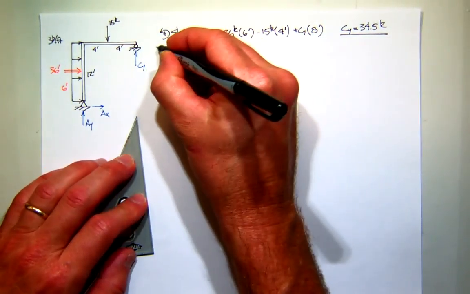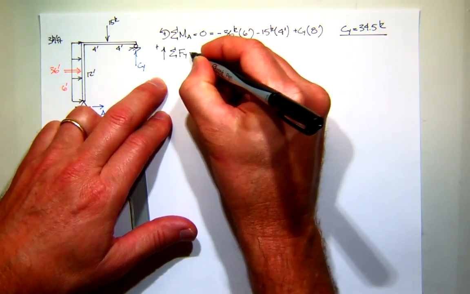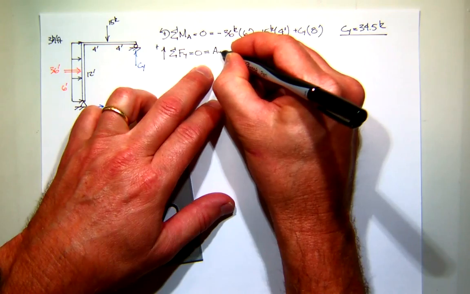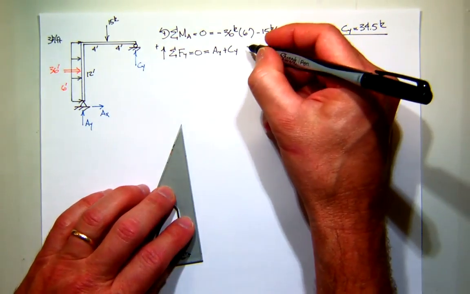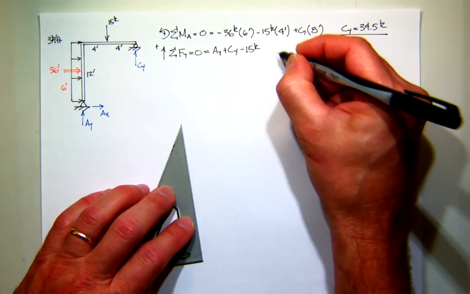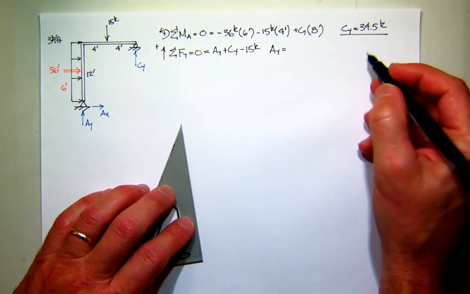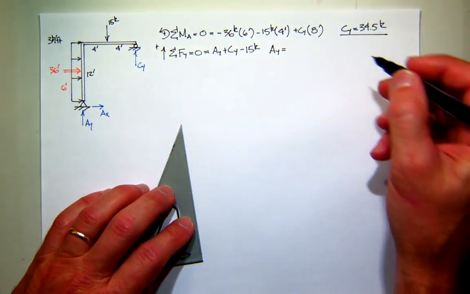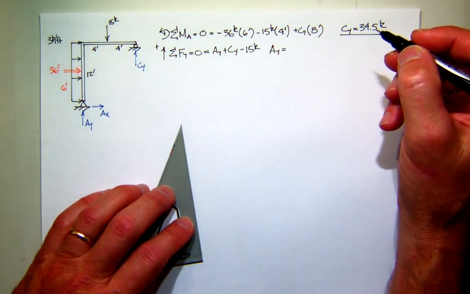And then we'll sum forces in the Y direction. So I've got AY plus CY minus 15. So that should give me AY. So whatever 34.5 minus 15 is, what is that, 19.5?